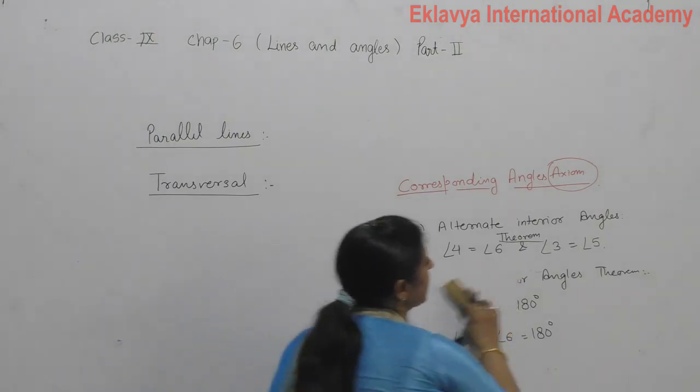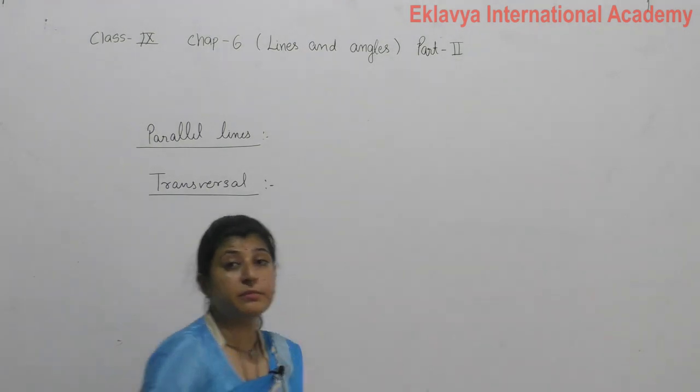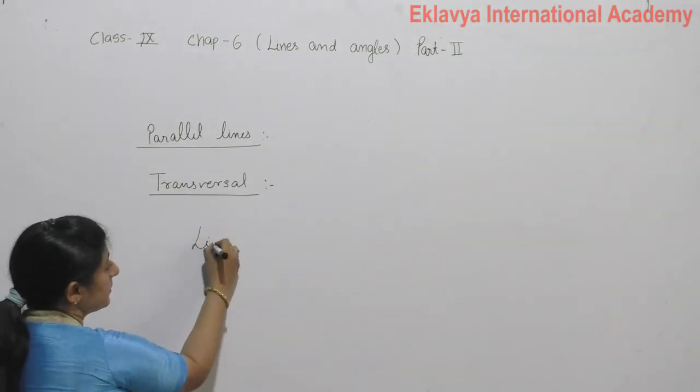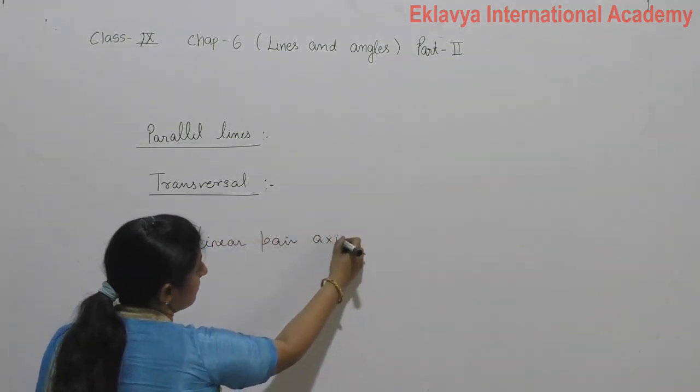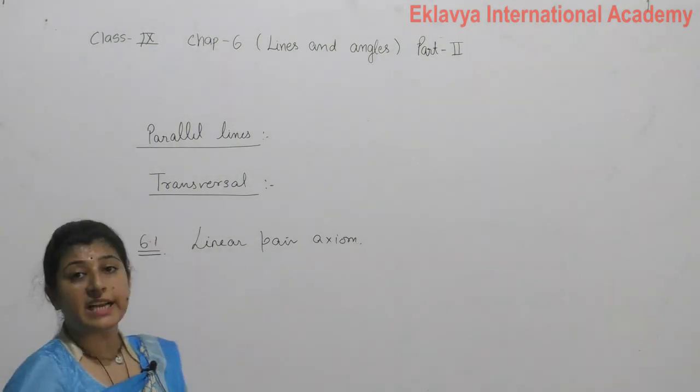Now see, we studied the axiom, the linear pair axiom. What is the linear pair axiom? In this chapter, this is the first axiom.